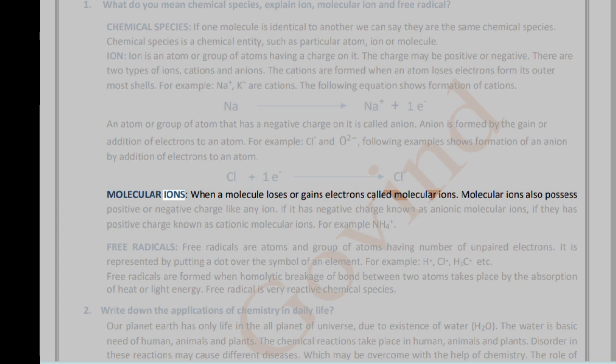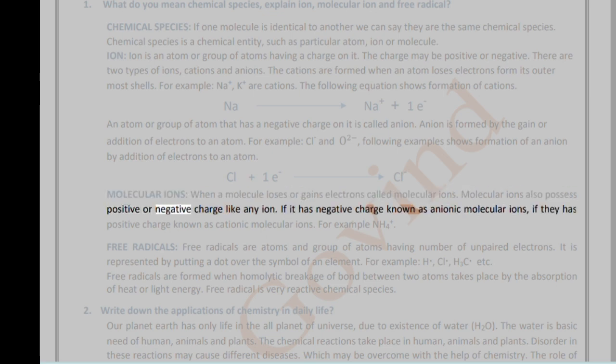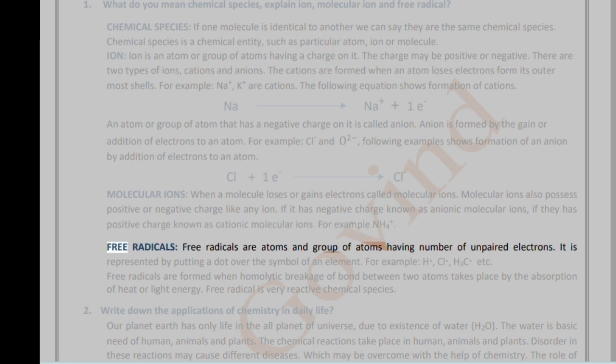Molecular ions: when a molecule loses or gains electrons, they are called molecular ions. Molecular ions also possess positive or negative charge like any ion. If it has negative charge, it is known as anionic molecular ion; if it has positive charge, it is known as cationic molecular ion. For example, NH4+.